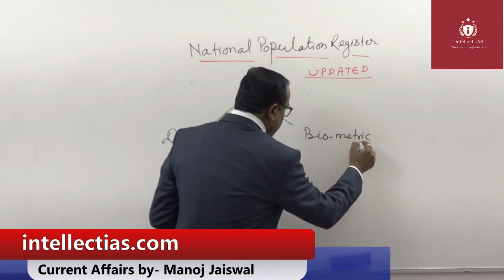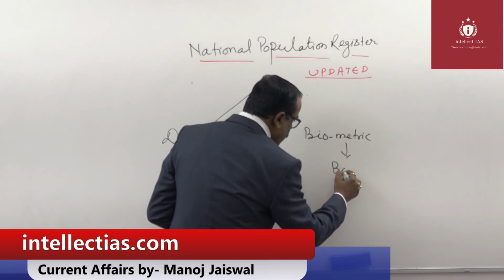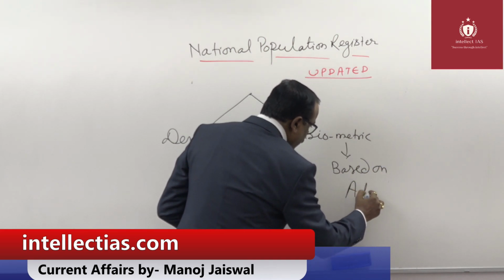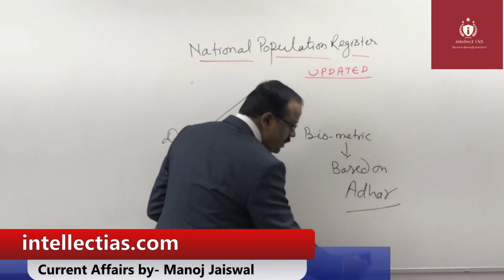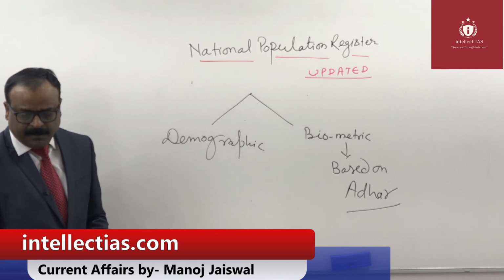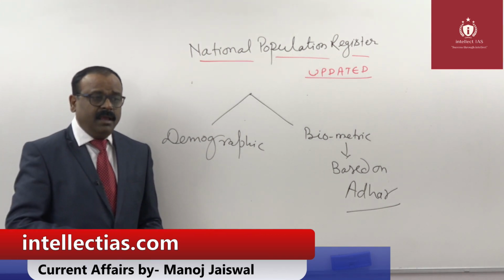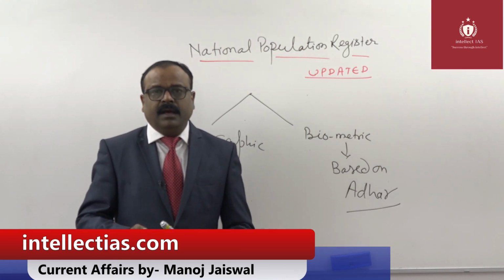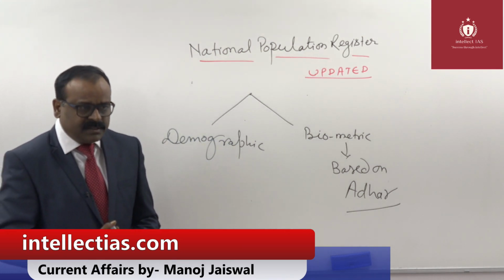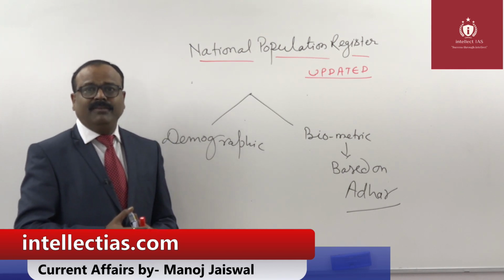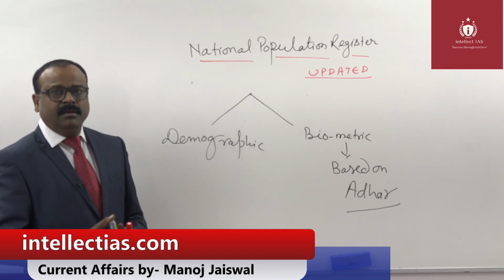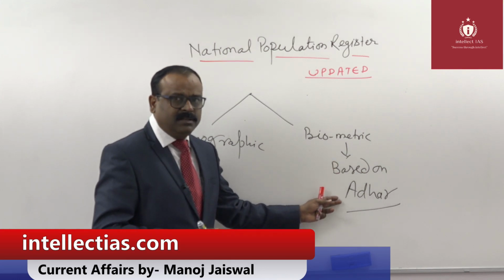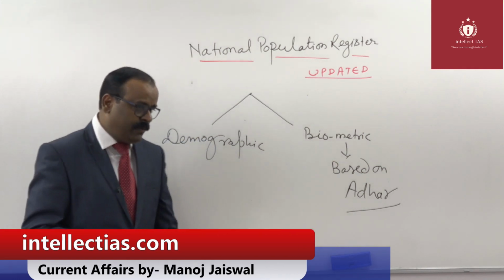Biometric data will be based on the Aadhaar only, so there will not be any new thing needed for the biometric data, and this is the reason why it is being said by the Minister of Home Affairs that we will not need any biometric data, because biometric data will be based on the Aadhaar itself.